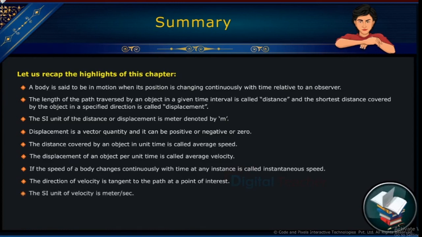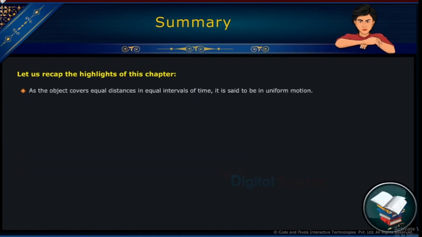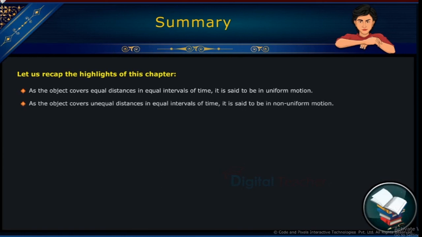The SI unit of velocity is meter per second. As the object covers equal distances in equal intervals of time, it is said to be in uniform motion. As the object covers unequal distances in equal intervals of time, it is said to be in non-uniform motion.